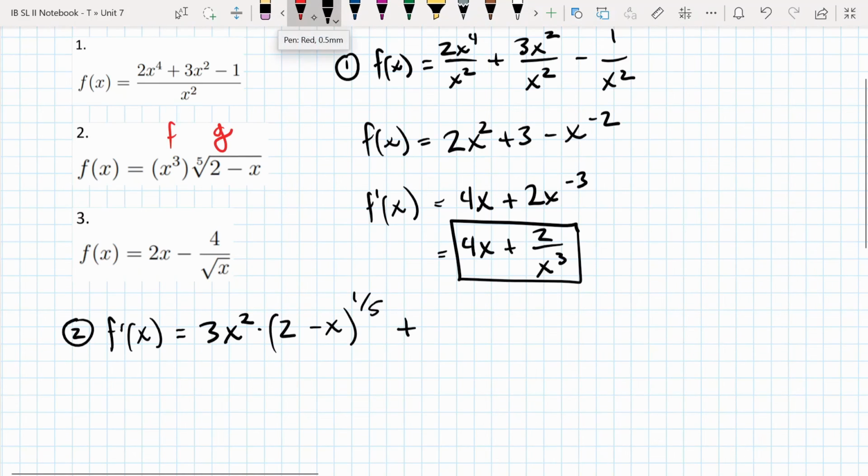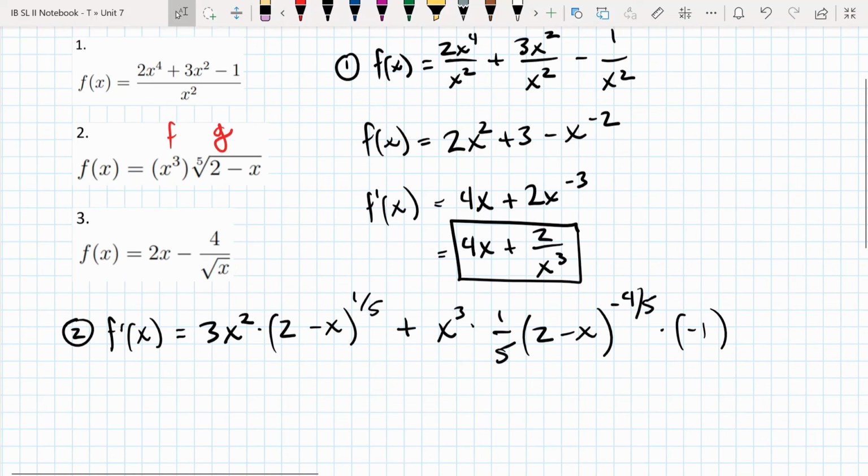And then the second term is going to be x cubed times the derivative of g, which is 1/5, 2 minus x to the negative 4/5 times negative 1. And then we can rewrite this by bringing the negative to the front.